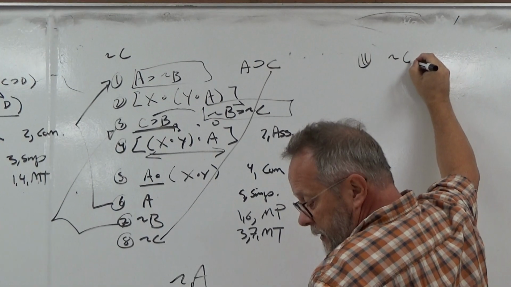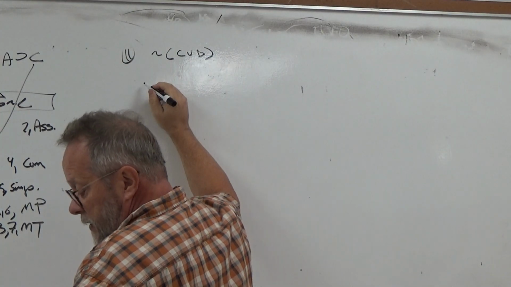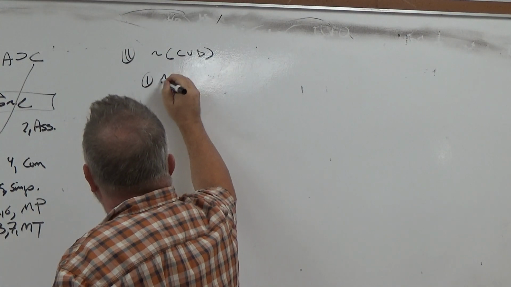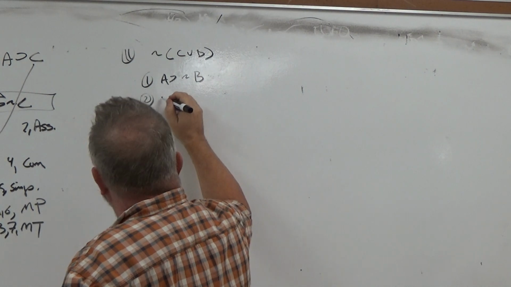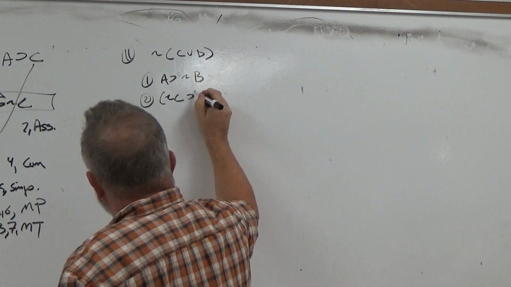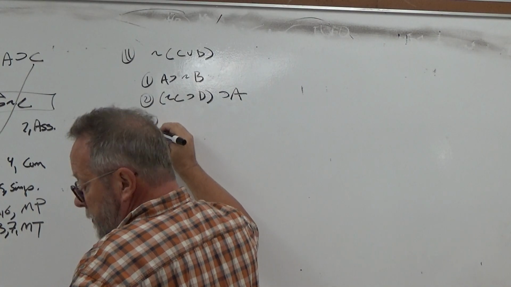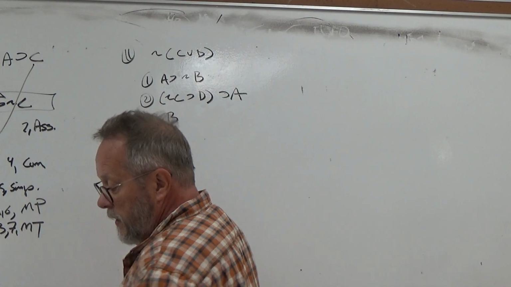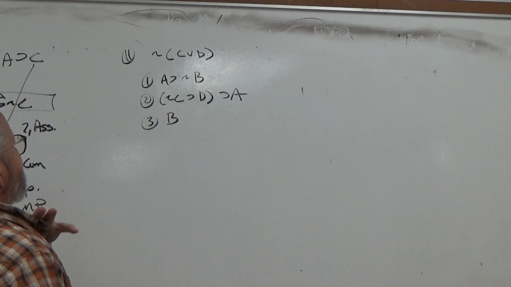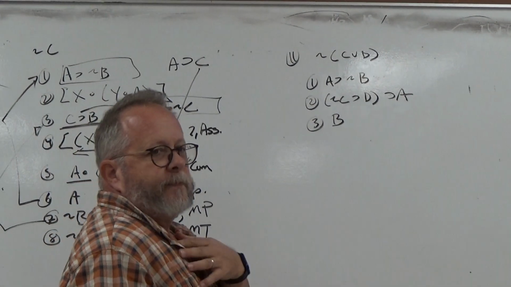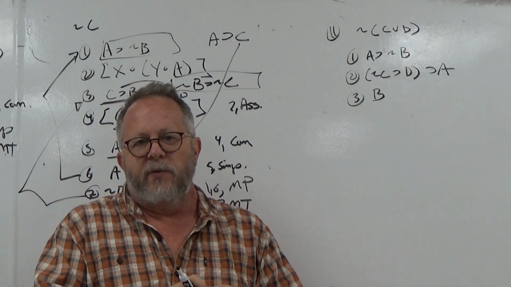Prove not C or D. And we have A, then not B, and we have not C, then D, then A, B. All right, so remember, all of these things have solutions, okay?